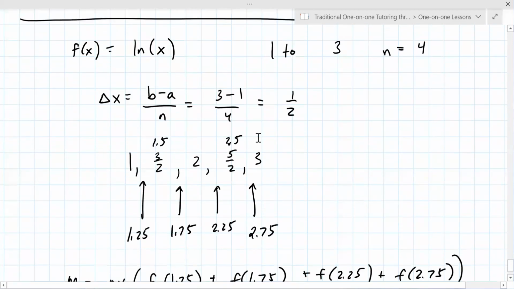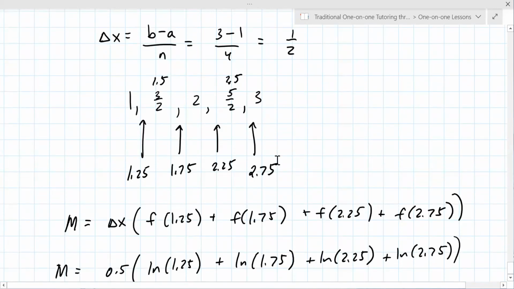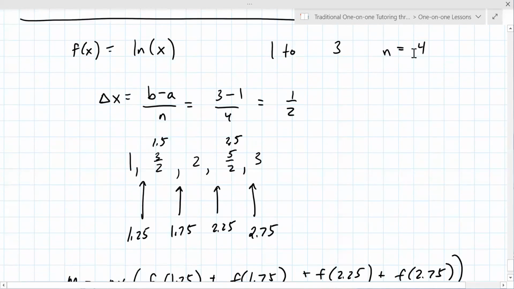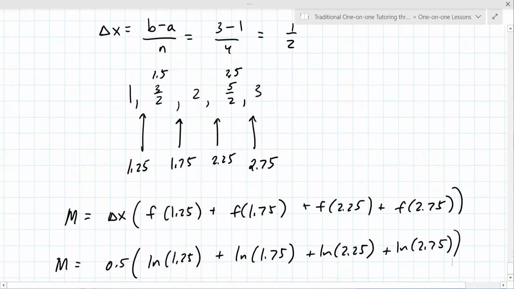Now, notice that there's 5 points, even though there's 4 rectangles, because with 4 left, 4 right, and then the midpoint, there's truly only 4. If I were grading, I would definitely make sure a student only had 4 rectangles, because that's a big indicator of whether you understand this or not. There have to be 4 rectangles because I told you there's 4.